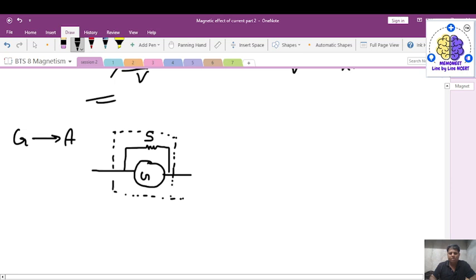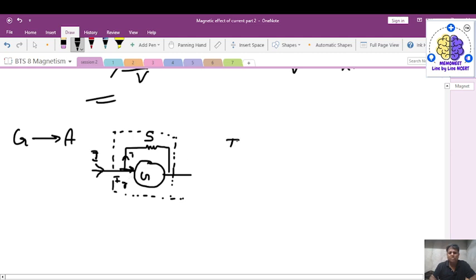Now, suppose we connect this in the external circuit in series, then the current flowing in the circuit will flow like this. Let the current flowing in the circuit be I, and that current will enter into the ammeter. When it enters, a small amount of current, sorry, a large amount of current will flow in the galvanometer, and we call that current Ig. What is this Ig?